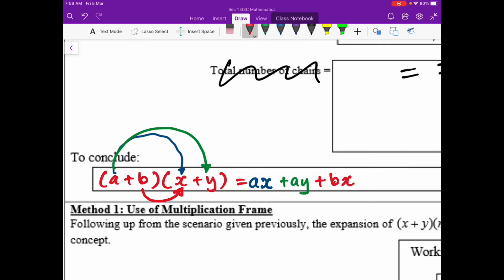And finally, B times Y, plus BY. Oh, the purple looks the same as blue. Plus BY. Can you remember this way of multiplying? Not difficult, it's just basically multiply and add everything up.